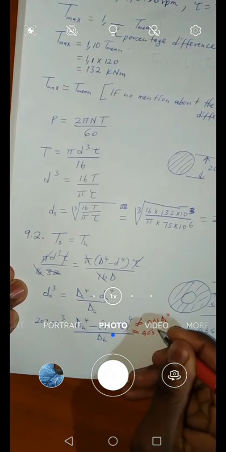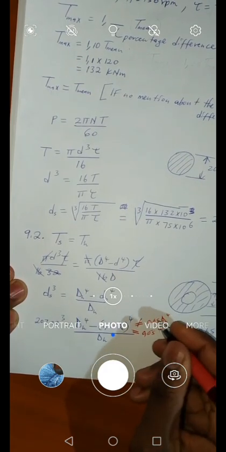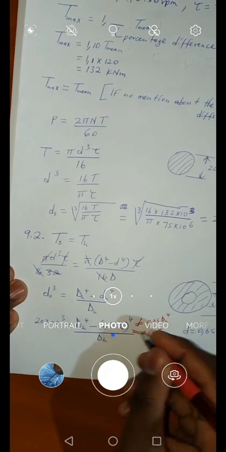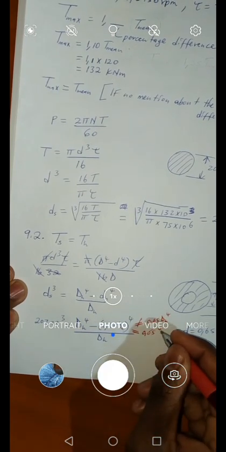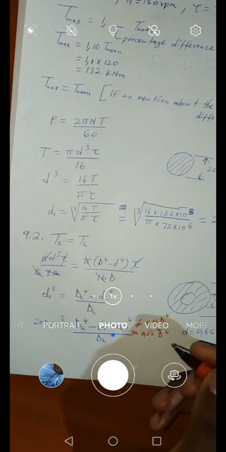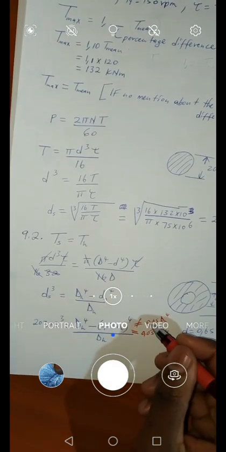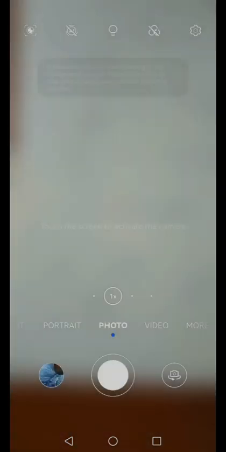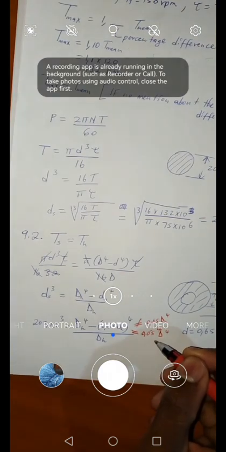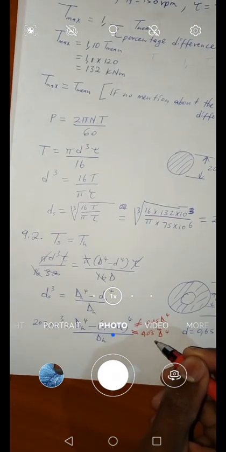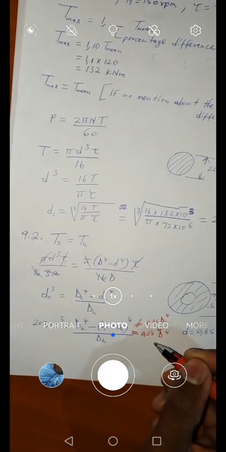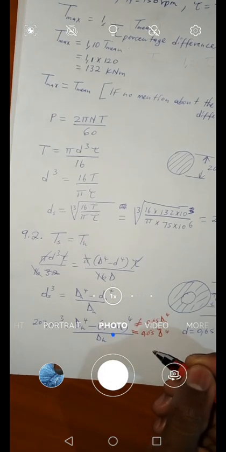You must raise both to the power 4. It's exponent laws. So (0.65 D) to the power 4 means you must also raise 0.65 to the power 4. Most of you will do this part, which is wrong. So the right way is this one. So make sure that you are careful when it comes to that part.